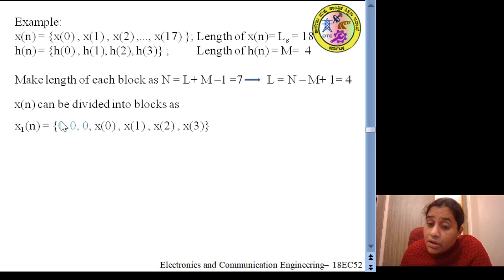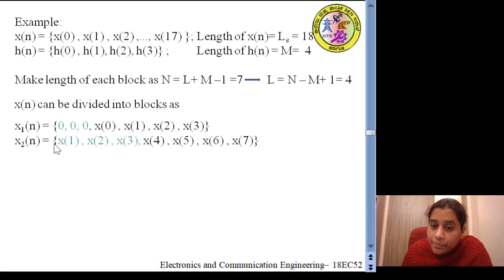In the second block, the first 3 samples, that means M minus 1 samples, are the last M minus 1 samples of the last block, that means x1, x2 and x3. We can observe here, I have highlighted in blue color, that the first 3 are a repetition of the last 3: x of 1, x of 2, x of 3. Here we stopped, right? So after x of 3, next is x of 4, x of 5, x of 6 and x of 7. And you can observe that each block has length equal to 7, that is N.